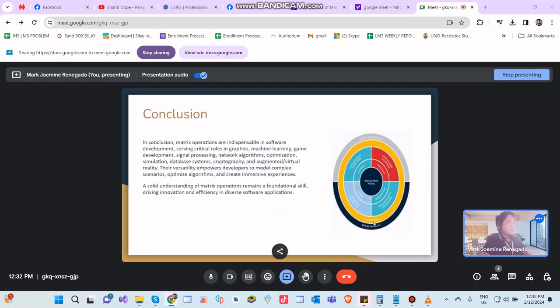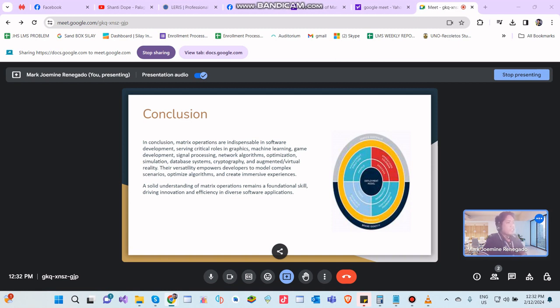Okay, at the last, the conclusion. Matrix operations are indispensable in software development, serving critical roles in graphics, machine learning, game development, and signal processing, as well as network algorithms, optimization, simulation, database systems, cryptography, and augmented and virtual reality.